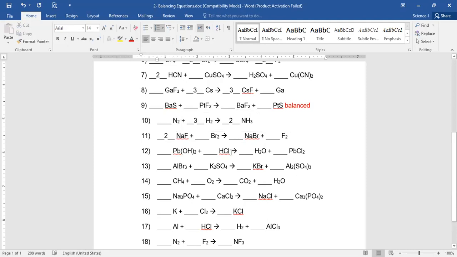Multiply by 2. Good. So like this, how many Br do we have now? No, we put the coefficient 2 to belong to both. So 2 Na and 2 Br. So we have 2 Br here, and also here we have 2 Br. So it's balanced. Is it clear? Yes. Okay.